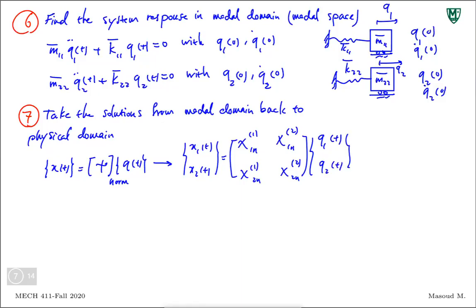Remember, q1(t) and q2(t) are the solutions that you got from step 6. So you have solutions from step 6, and you know the modal matrix, already normalized.